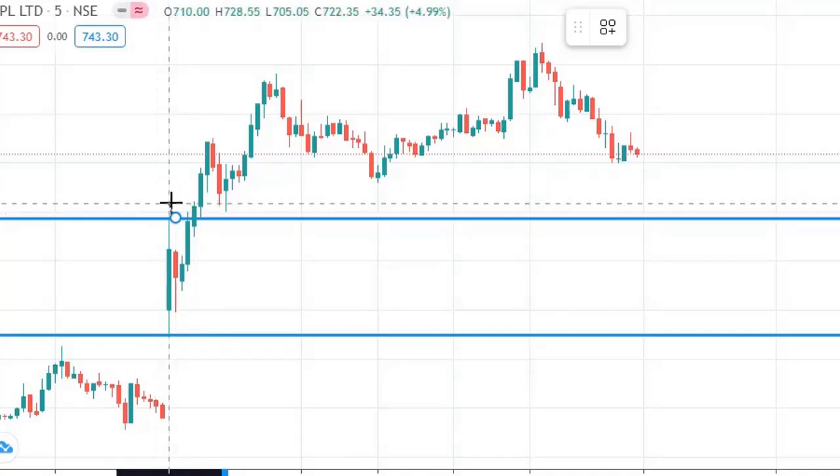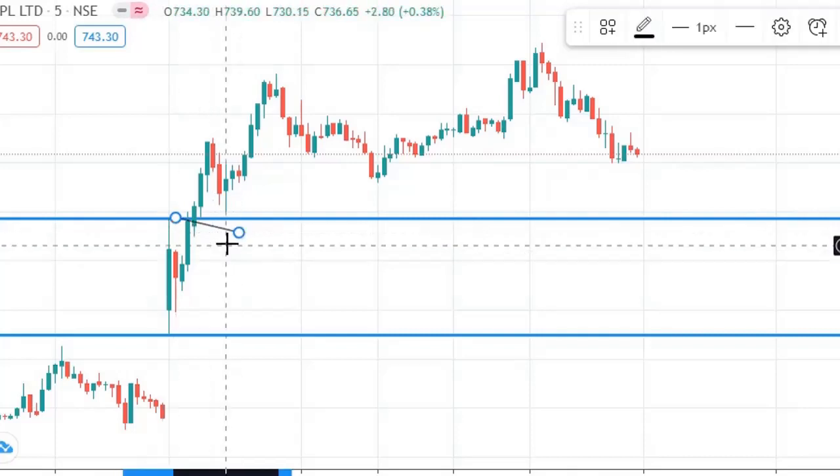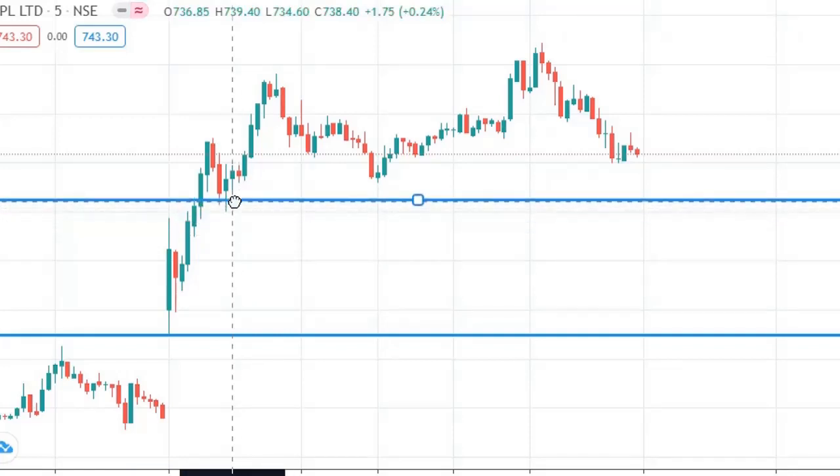Now what we tend to do as a retail trader is, when a stock moves up, we try to sell it. Never do that. Marking this green bar.